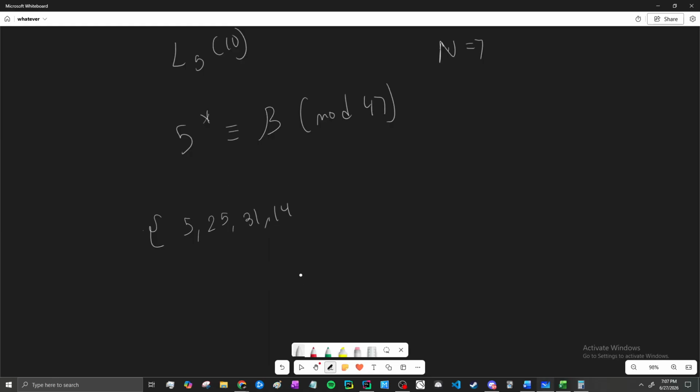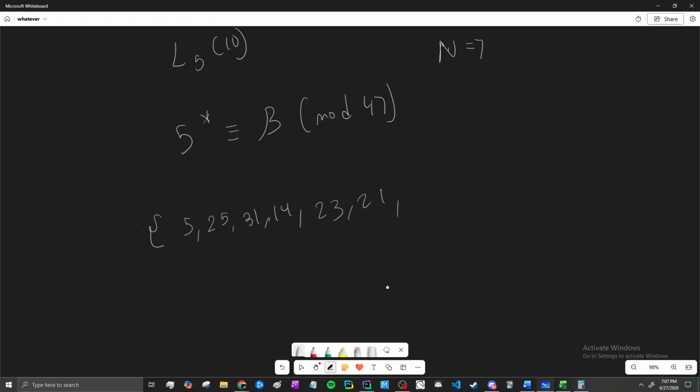Next value is 14. So 5 to the power 5 is, I believe, 3125. Now mod that by 47, that'll give you 23. So 5 to the power 6. Sorry, my math is not that high. But we know that the mod is 21.